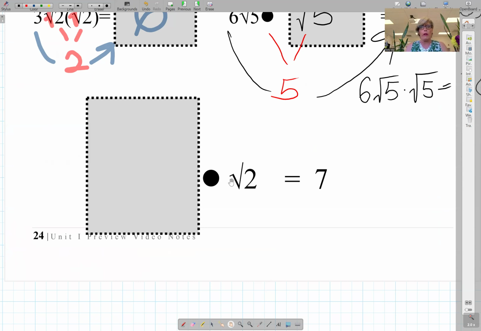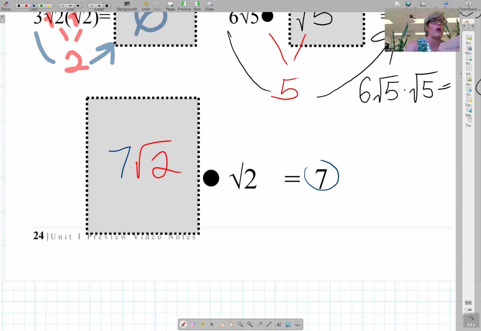You're like, I don't know what, 7 and 2, and it's not like the other one, 6 root 5 times root 5. Okay, but you know you need another root 2. I mean, you know at least that, because that's the only way you can get rid of that radical, because root 2 times root 2 is 2. You know somehow you need a 7 there, somewhere. So I'm going to put a 7 there.